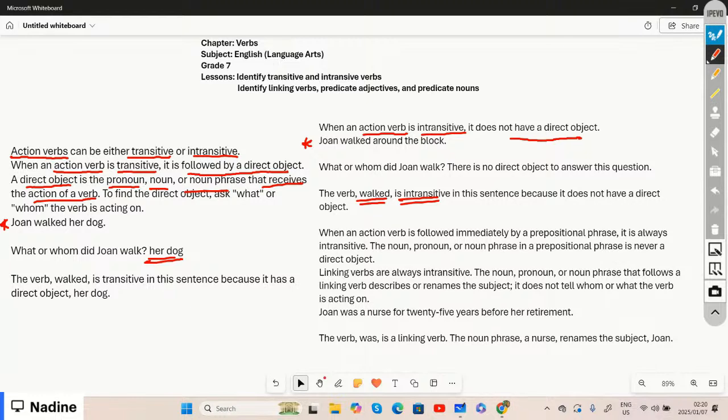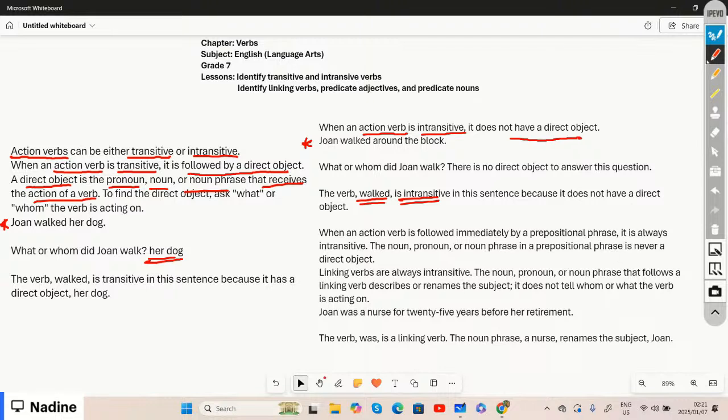All right. So once again, we have intransitive verbs and we have transitive verbs. When an action verb is transitive, it is followed by a direct object. Meaning that if we ask ourselves whom it is acting on or what it is acting on, then we will be able to identify the direct object.